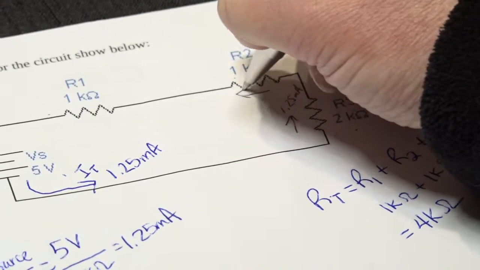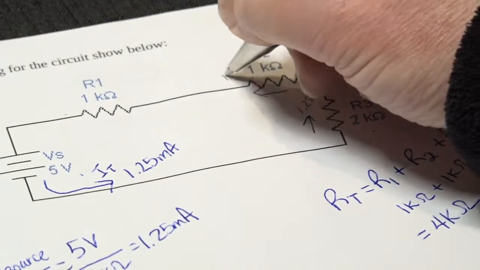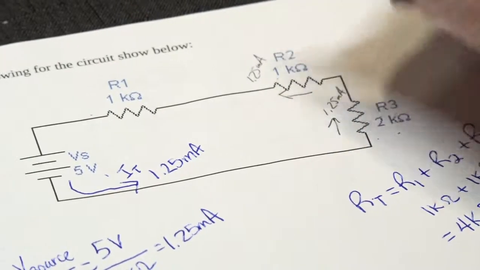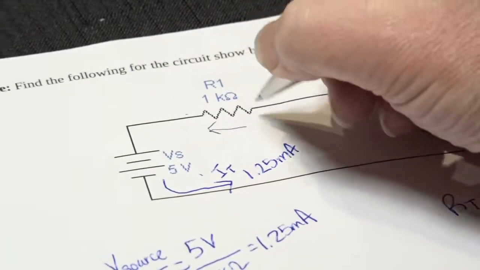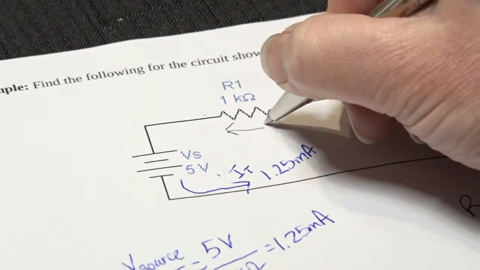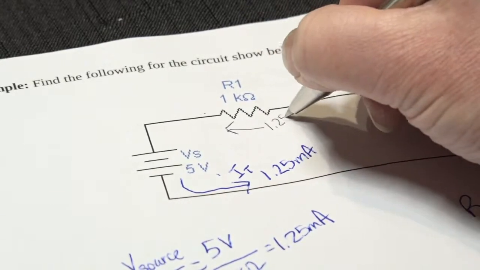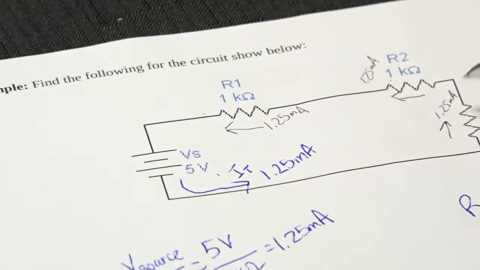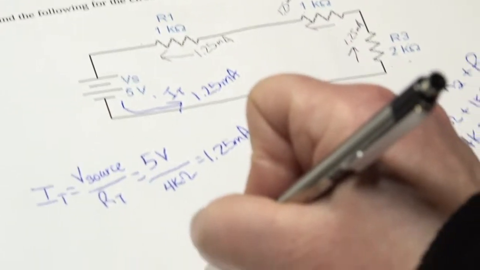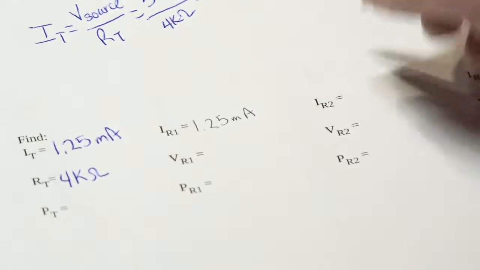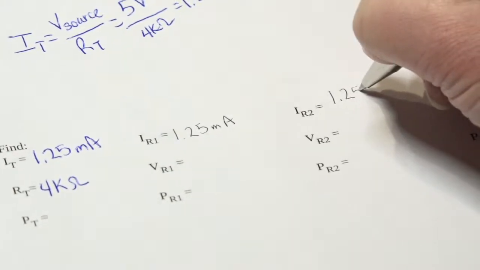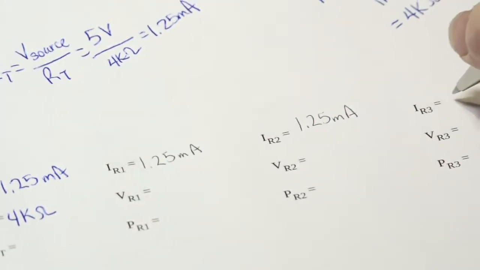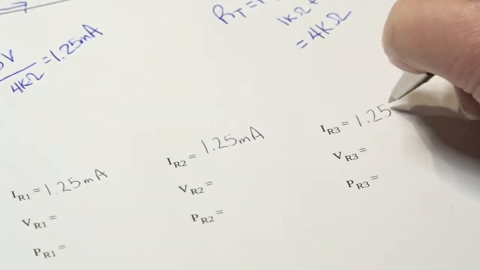And resistor 2 is going to be 1.25 milliamps. And resistor 1 there, it's going to be 1.25 milliamps. So we can take that information and just go ahead and write it right down here: 1.25 milliamps, 1.25 milliamps, and 1.25 milliamps.